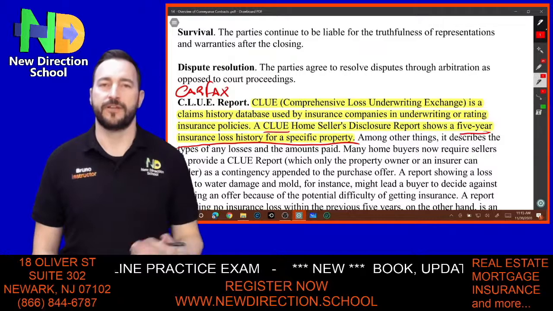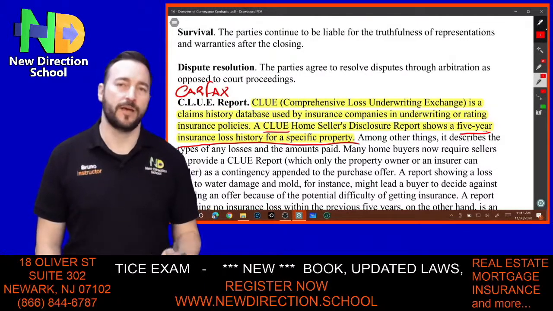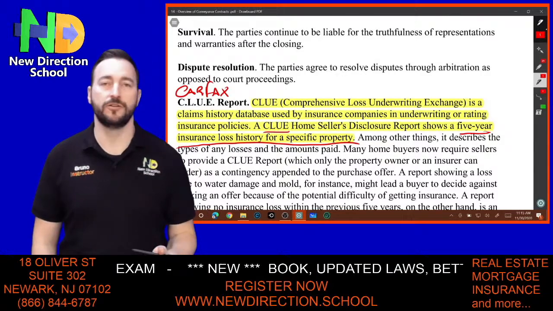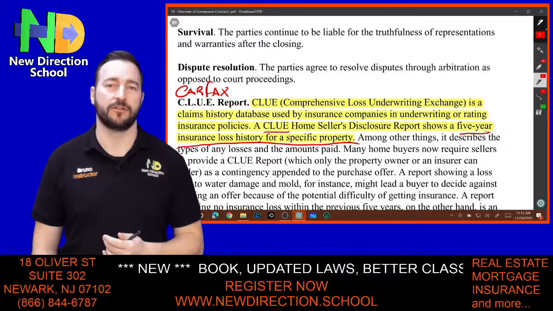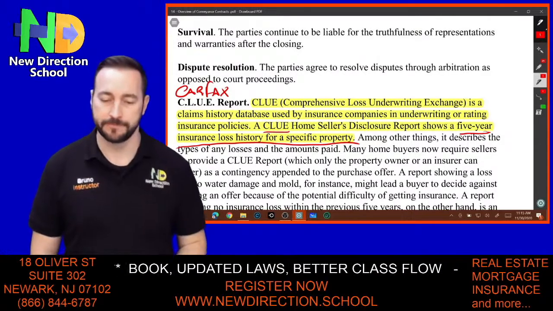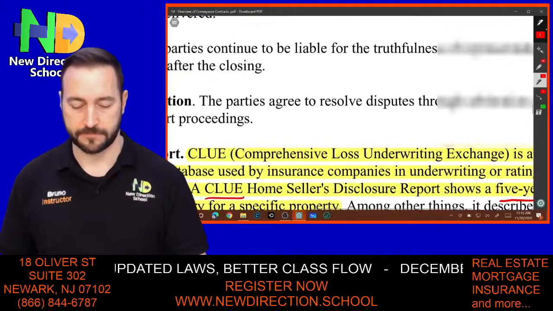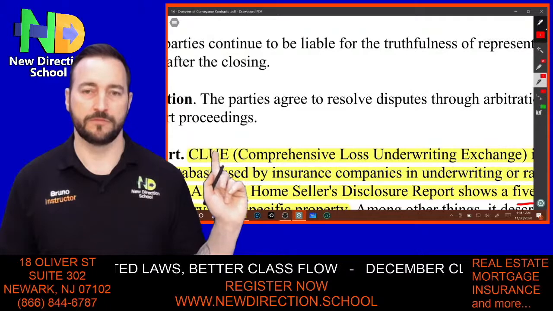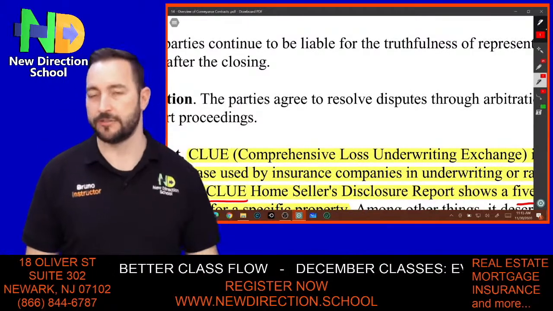All right. So if there's a question on the state exam or the school exam that says, how can you know of incidents or insurance claims in the past 5 years? They're going to give a few options. Two of them are very similar. One of them is going to say CLUE, but it says the whole thing: Comprehensive Loss Underwriting Exchange.